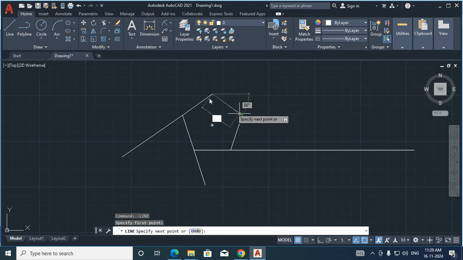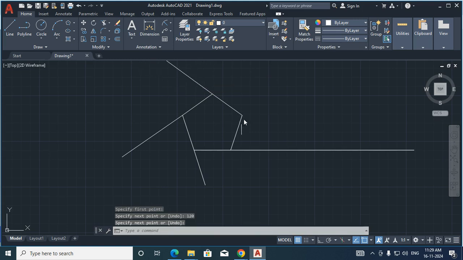Then 120. Then 160. Since we take the reference line, it will be easier for us to get the parallel lines. Yes, 160.